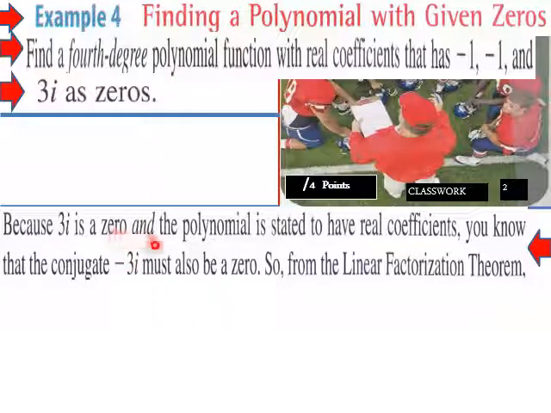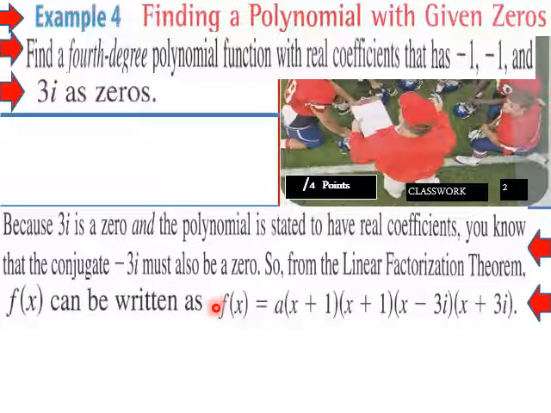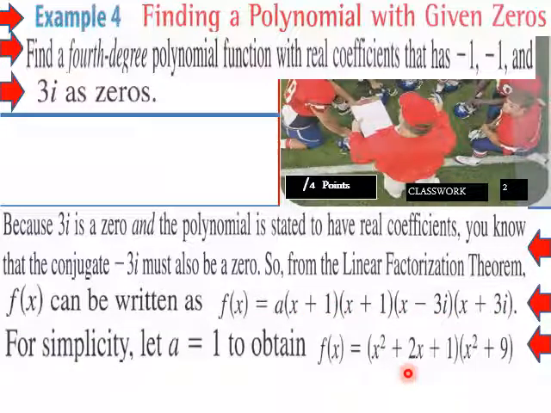Because 3i is a zero and the polynomial is stated to have real coefficients, you know that the conjugate -3i must also be a zero. So from the linear factorization theorem, f of x can be written as a times x plus 1, x plus 1, x minus 3i, x plus 3i.